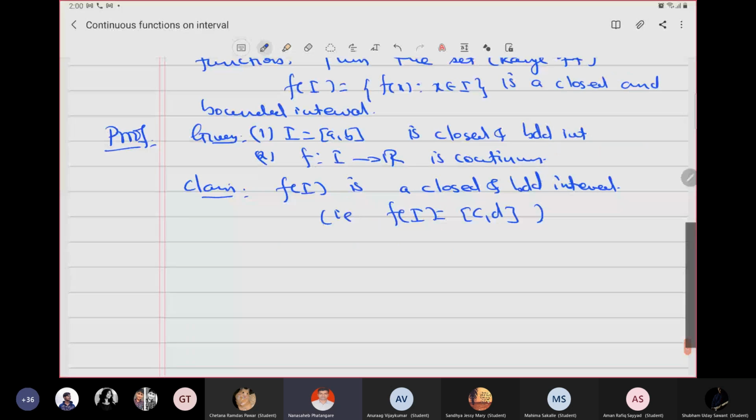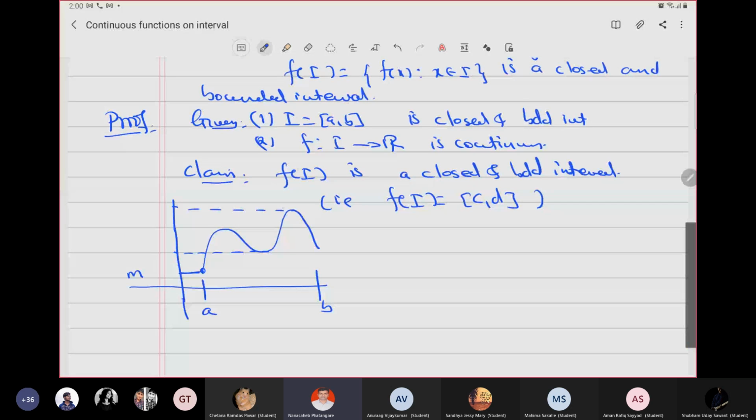But if you recall our previous discussion, I is a closed and bounded interval, and so what is the supremum and infimum? So since all the conditions of the max min theorem are satisfied, right?